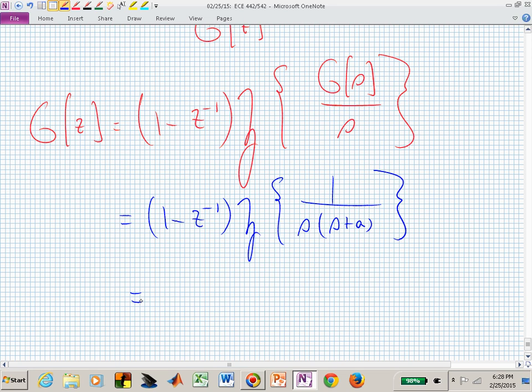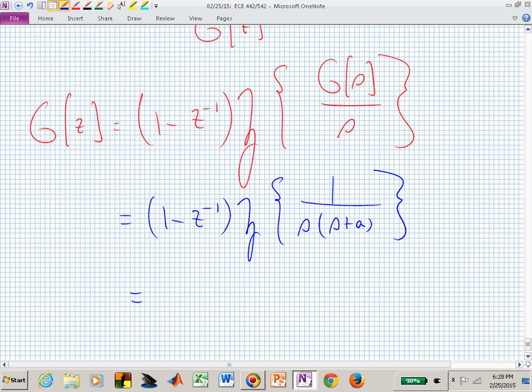And sometimes you have Z transform tables that have that particular expression in them, but if you don't, you could split this into two pieces that you already know how to Z transform.